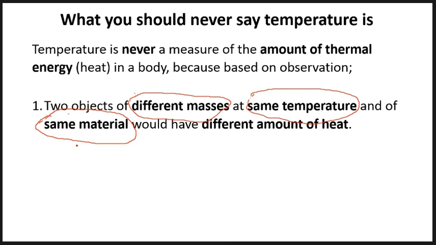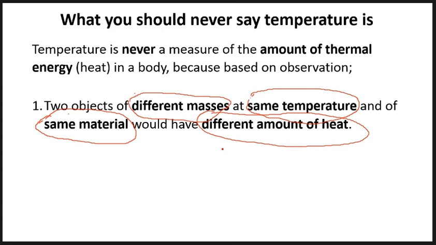Now I need you to let it sink deep down in you that they will have different amounts of heat, irrespective of the size of the masses. Even if they have the same temperature and are made of the same material, they will still have different amounts of heat.